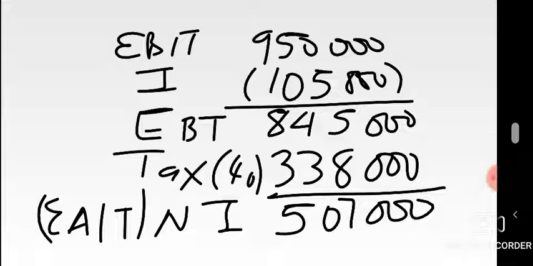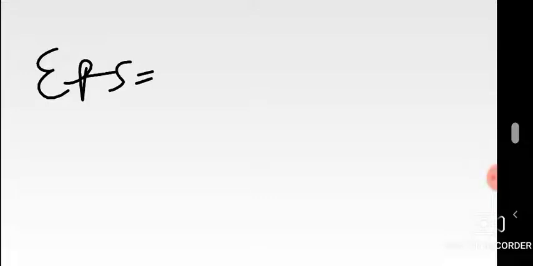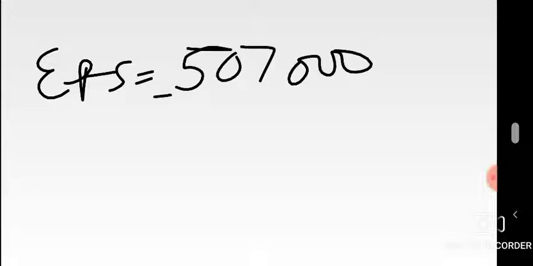Net income is a key component of earnings per share, as we stated earlier. Earnings per share are equal to what? Your net income over the number of shares. Net income is 507, we just found it. Number of shares? Well, we've added additional funds, right?